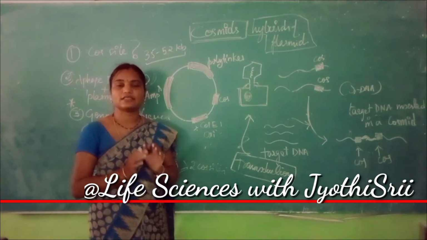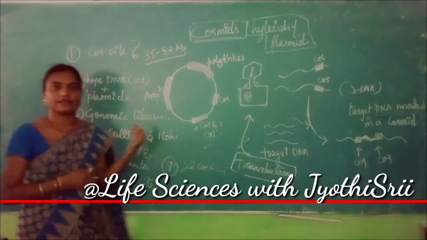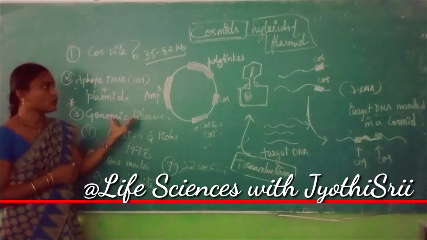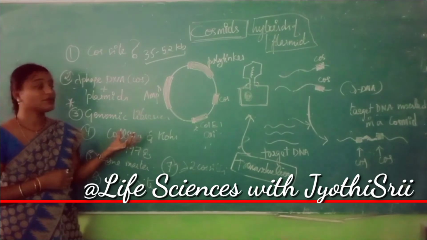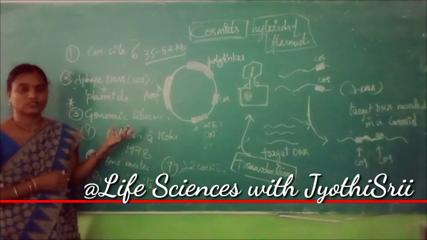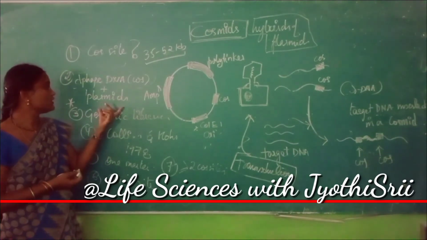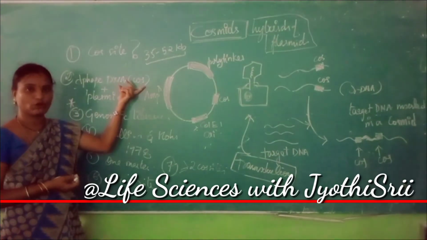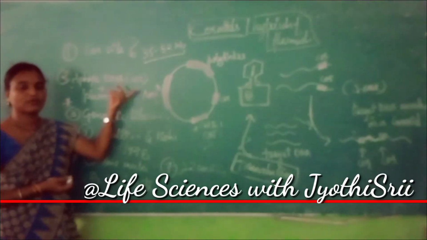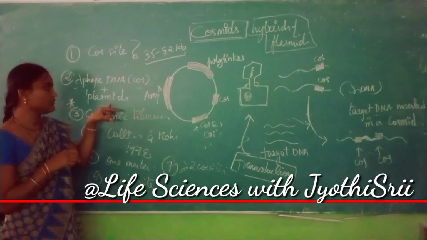So this is nothing but the working and different criteria of your cosmids. So cosmids are nothing but hybrids of your plasmid DNA molecule. So this contains cos sites, one or two cos sites may be present in your cosmid. So this is a combination of lambda phage DNA having cos sites. Cos sites are nothing but cohesive ends of your lambda phage DNA molecule with a plasmid vector.